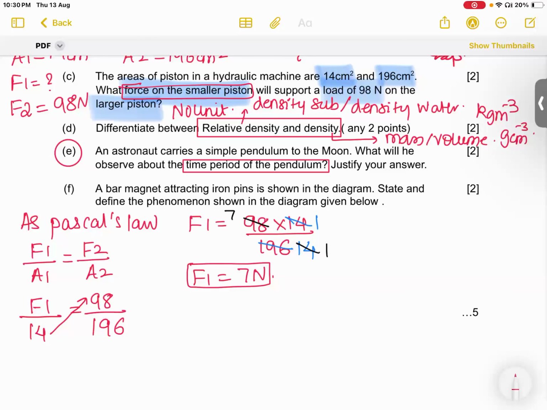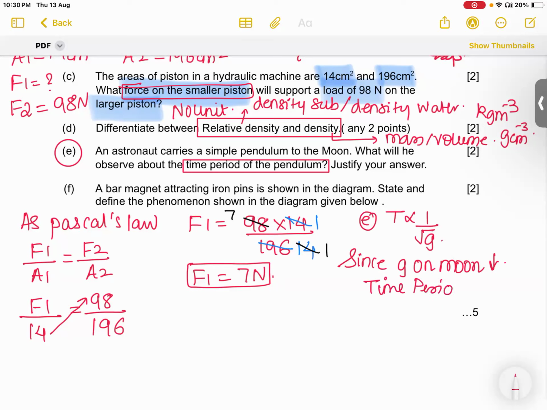For this part, that is E, we will write here T is inversely proportional to root of g. Now, since we know that g on the moon is less, the time period will increase.